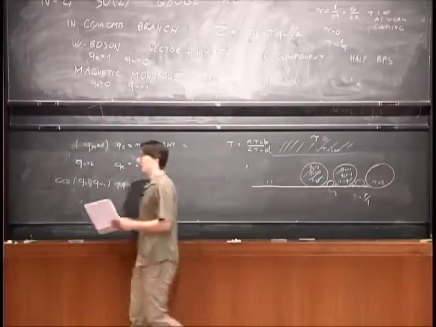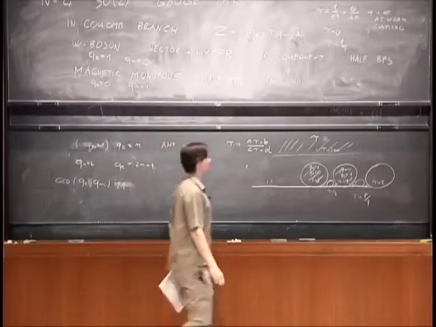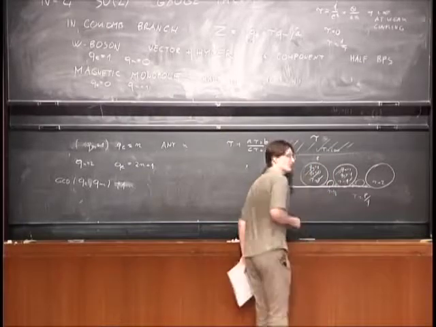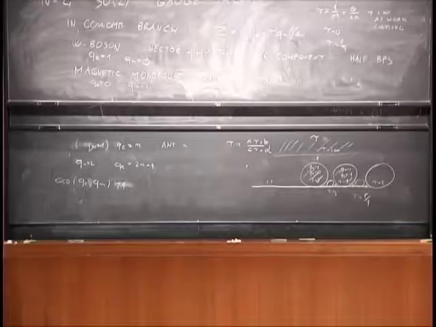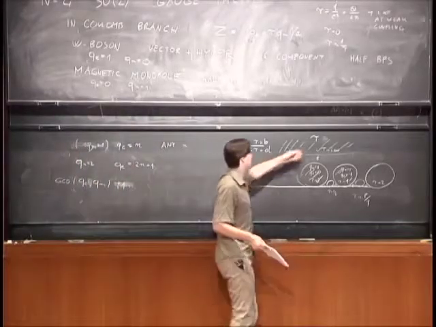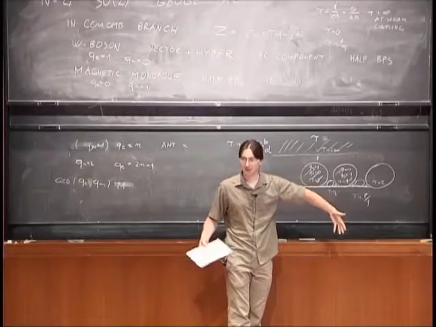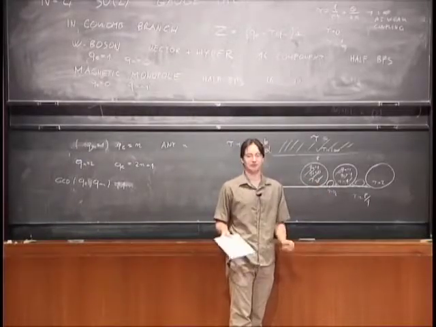So you have this variety of weakly coupled regions separated by these difficult regions where everything is strongly coupled. All the coupling is order 1, and you really don't know what's going on. And so there is no direct way to traverse from here to here. There is no known proof of S-duality from four-dimensional field theory.